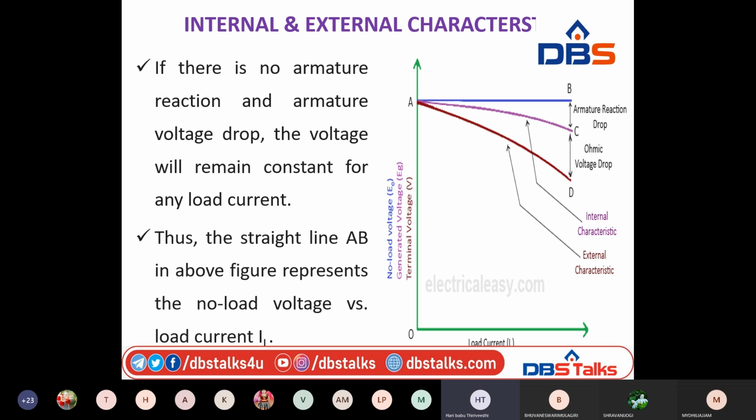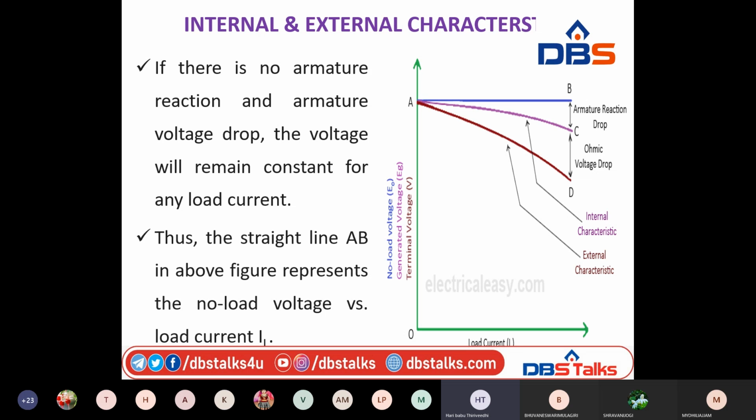That is, flux decreases. So phi 1 is the main flux, phi 2 is the armature flux. Because of phi 2, phi 1 may reduce, that is phi 1 minus phi 2, the net flux is reduced. Whenever net flux is reduced, voltage is also reduced.